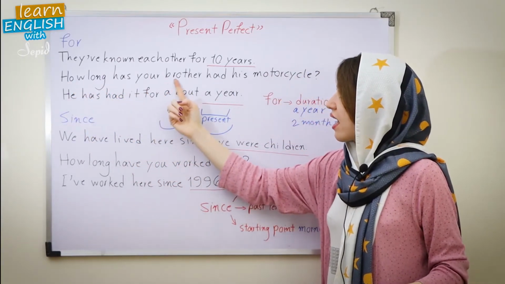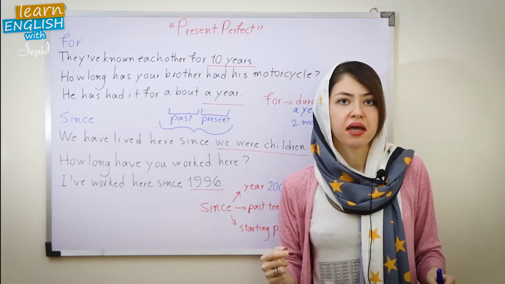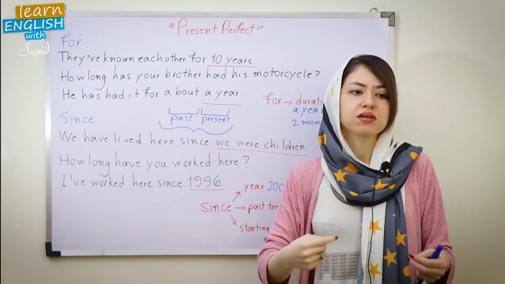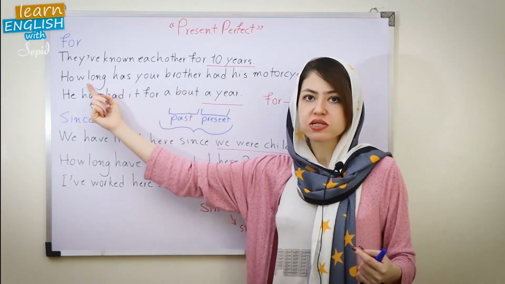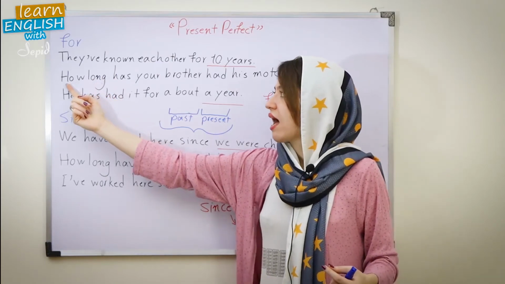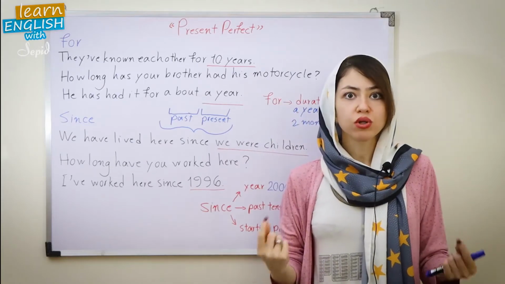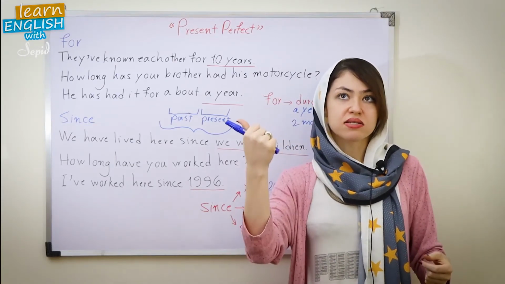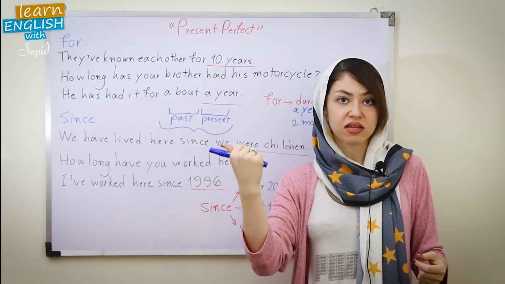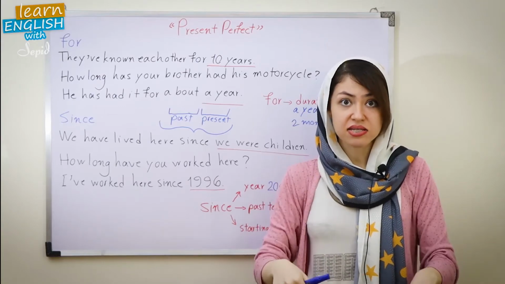So that's it. Let's go. How long has your brother had his motorcycle? Okay. You see that my brother has a motorcycle, and this is the question which pops into your mind. And you would ask, how long has your brother had his motorcycle? It means I know that in the past your brother had this motorcycle and right now again he has that.